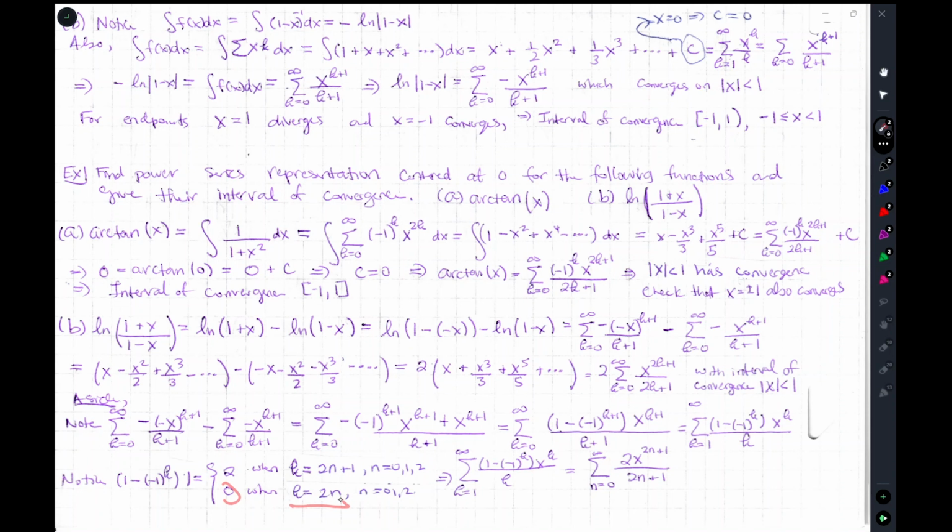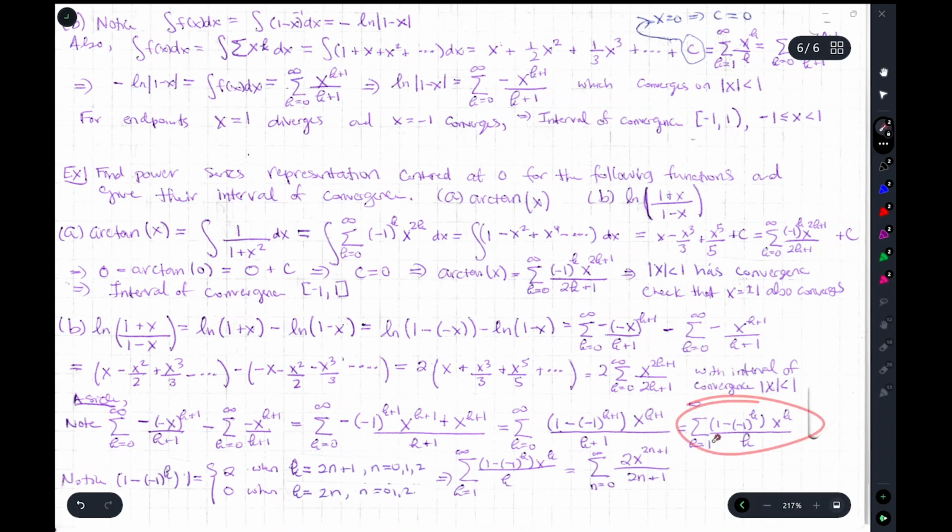It's 0 when k is even and 2 when k is odd. And so instead of summing over k, we could sum over 2n plus 1. What that does is allow you to just skip the even ones. And so that's why these two ways agree at the end if you decided to just manipulate the arbitrary terms in the power series.